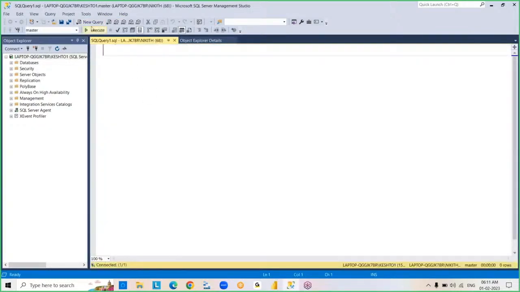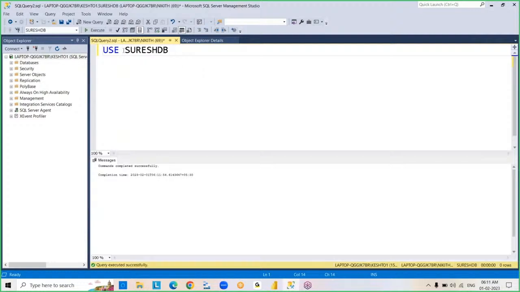Connect to a new query window like this. After connecting to new query, you have to select our database. Use database name. My database name is Suresh DB.